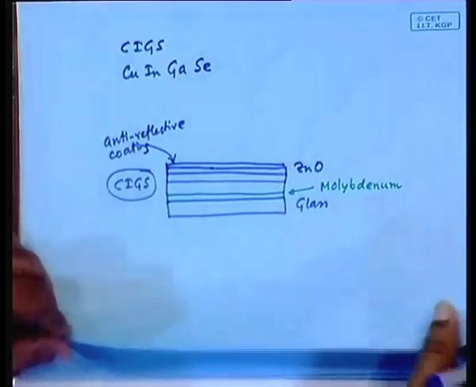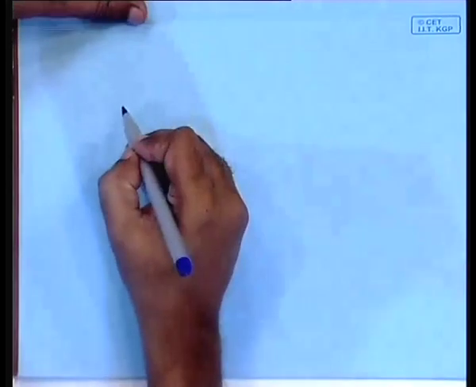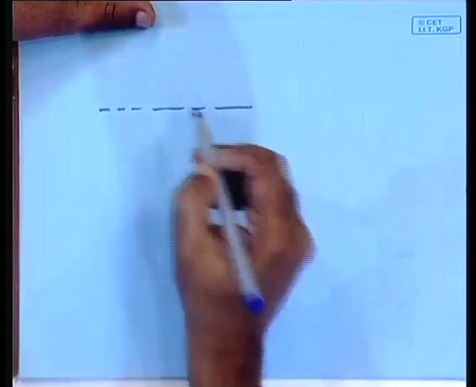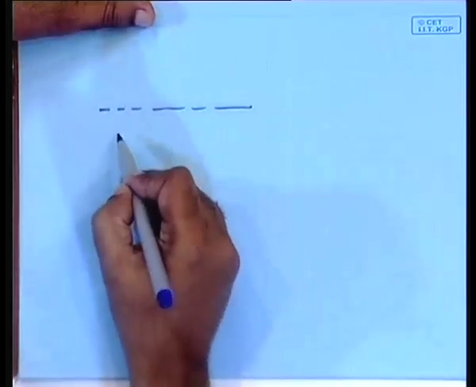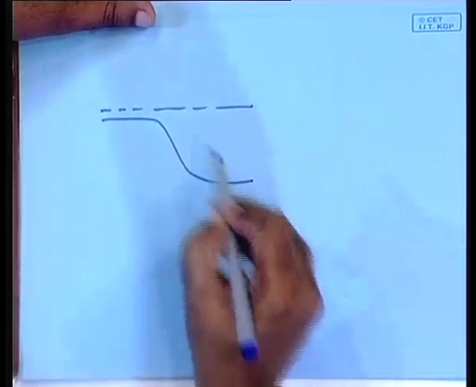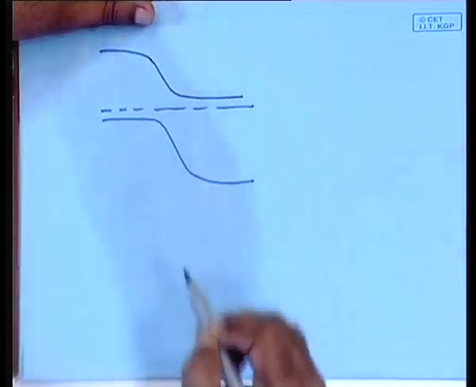But there is one concept which I forgot to mention that I have to bring in now. You have seen that the elementary process by which the charge separation takes place is the PN junction, in which what happens is the equalization of the Fermi level, and you have got this one going like this and this one going like this.